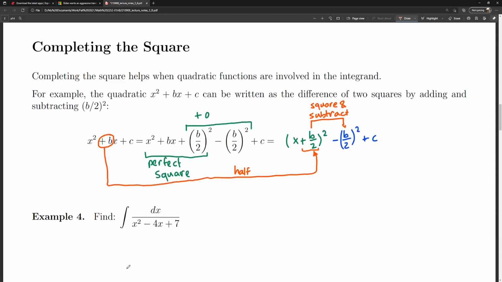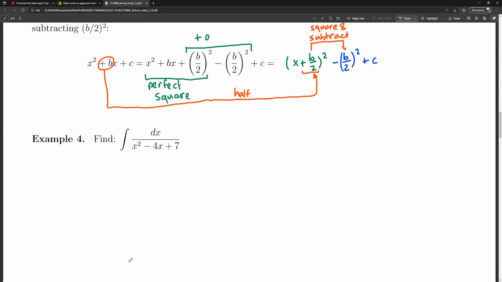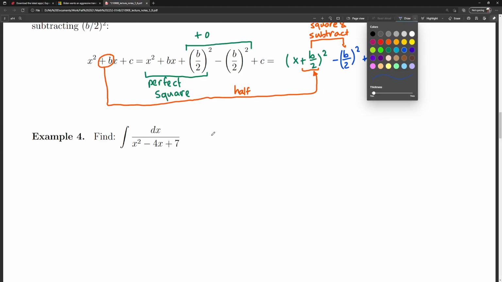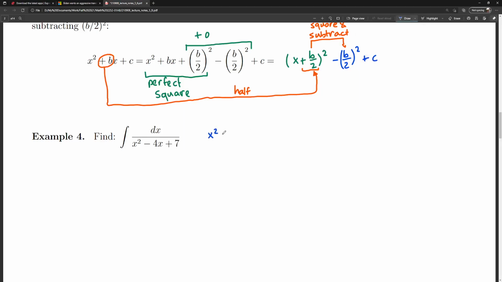So let's see how this can be useful in the following example. We want to find the antiderivative of 1 over x squared minus 4x plus 7 dx. What we need to do is rewrite this quadratic expression here. So let's do that. We have our x squared minus 4x plus 7.